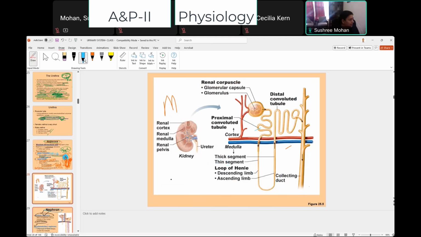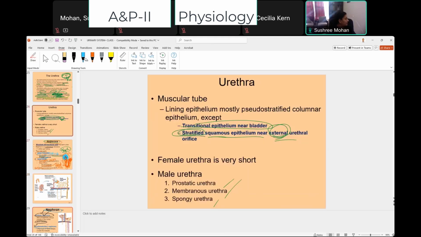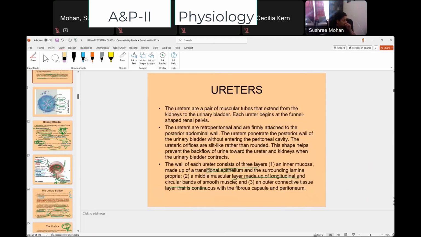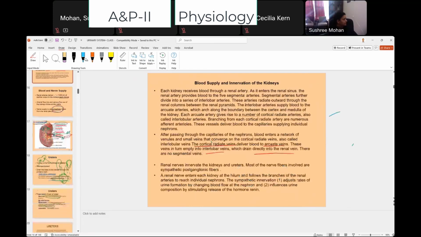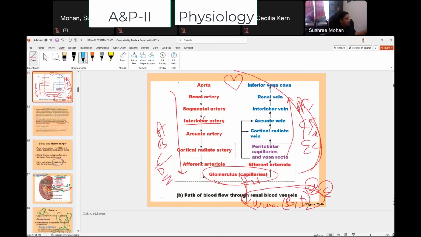Now you can see over here that blood is entering. You remember the path going back to this one. Blood came from the heart and entered into the glomerulus. I talked about this one. Now we are talking about this blood through the afferent arteriole entering into the glomerulus.